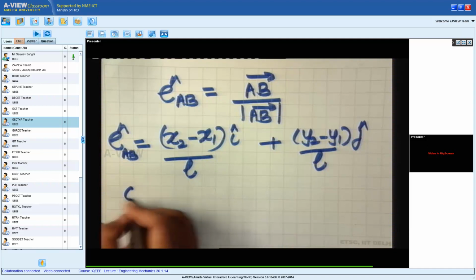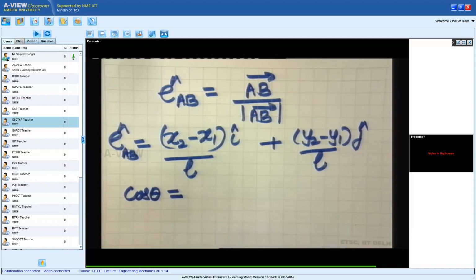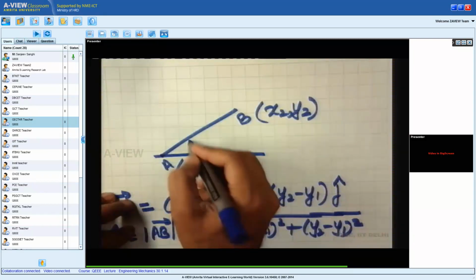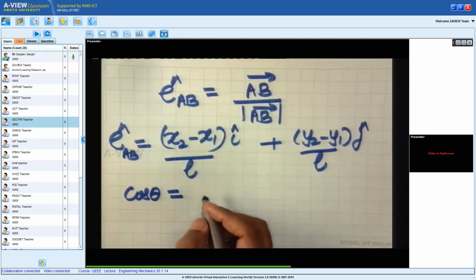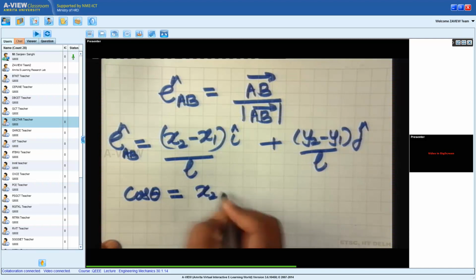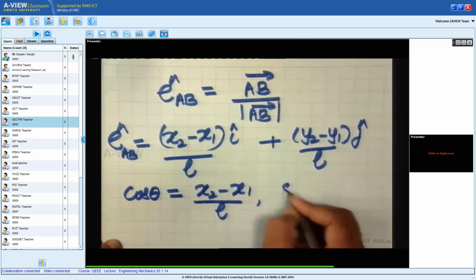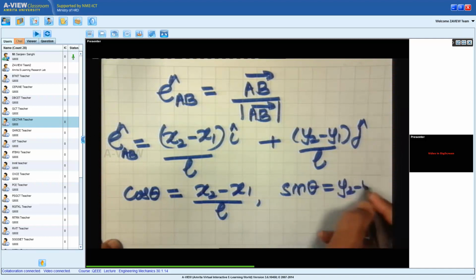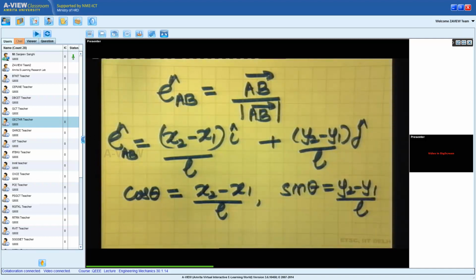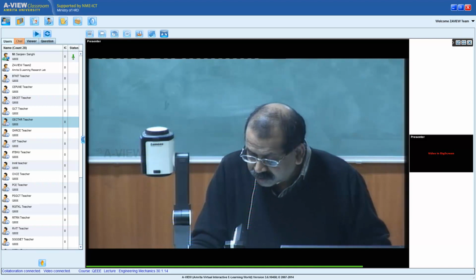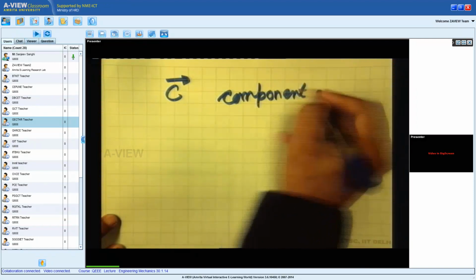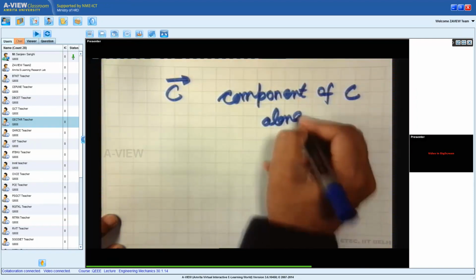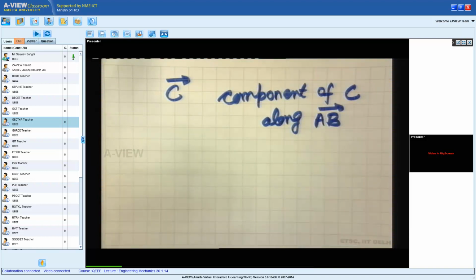And what we will realize is that if the vector AB makes an angle theta with the x-axis, this is the y-axis, then cosine of theta will be equal to (x2 minus x1) by L, and sine of theta will be equal to (y2 minus y1) by L. So now, suppose we have a third vector C and we want to find the component of C along AB.